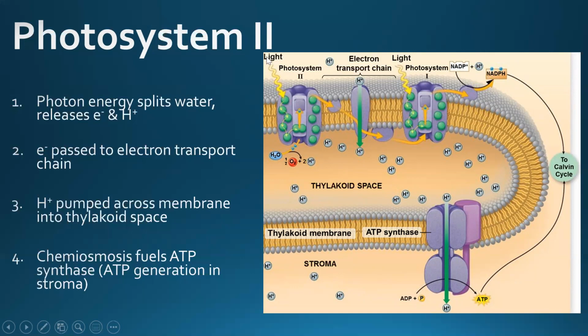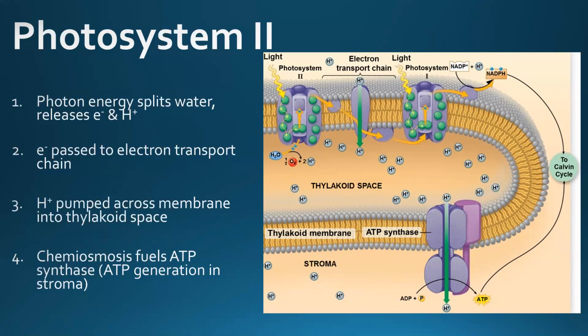The light energy in step 1, the photon, which is a discrete bundle of energy, will strike this protein, okay? This protein is a specialized protein that has a pigment known as chlorophyll.